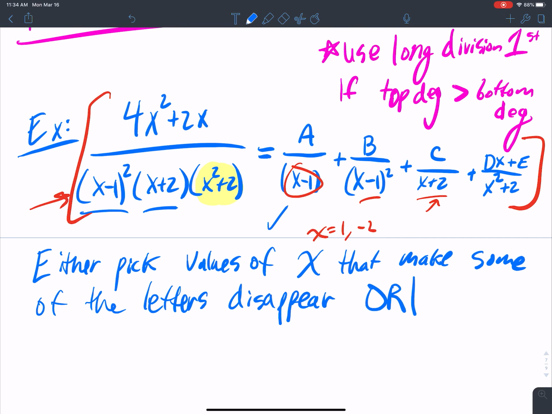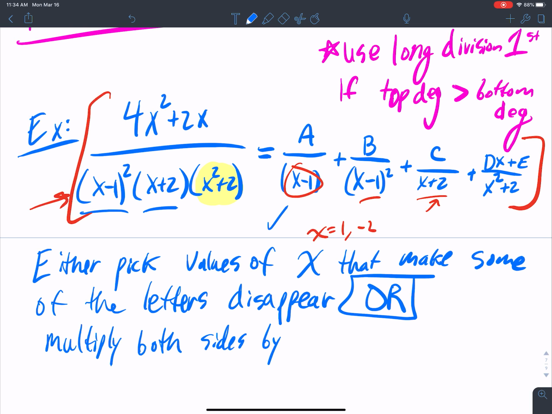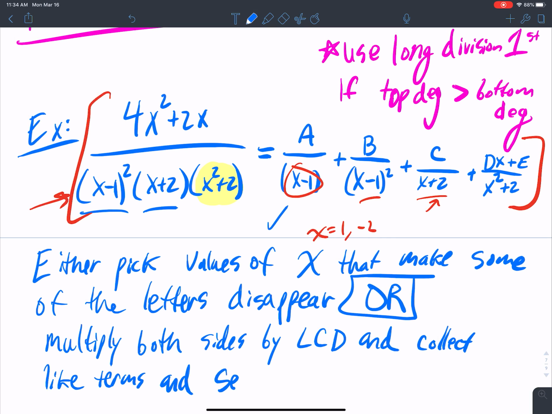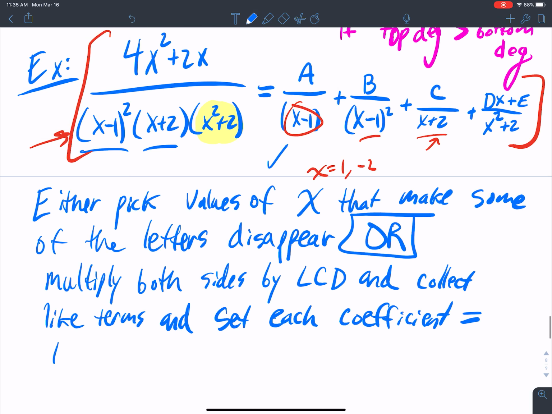Or multiply both sides by the least common denominator and collect like terms and set each coefficient equal to find A, B, C, D, and E. Okay.